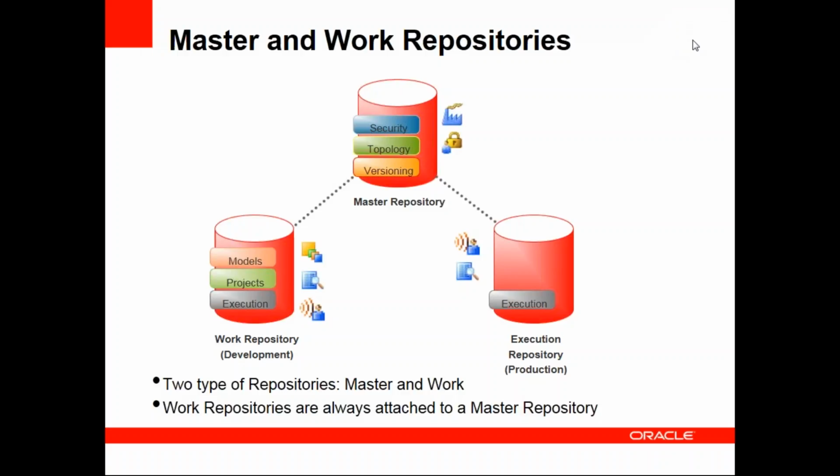Okay, good question. We have a master repository. This is the main one. Let's look at the development environment. The development environment has a main repository, and this main repository is to save the topology and your security connections. This can handle only this stuff.